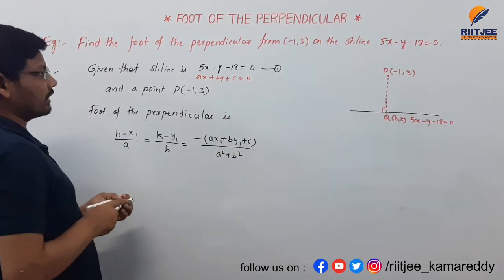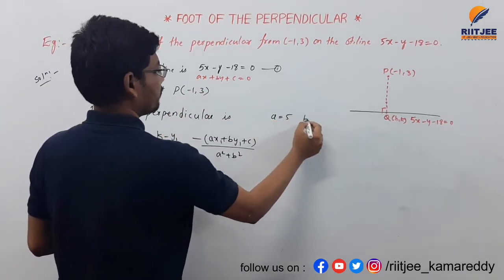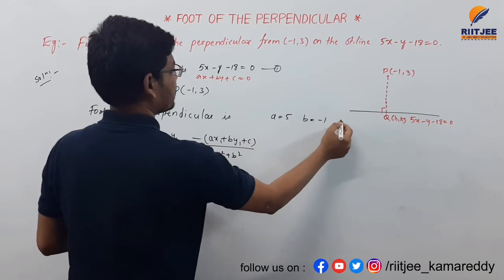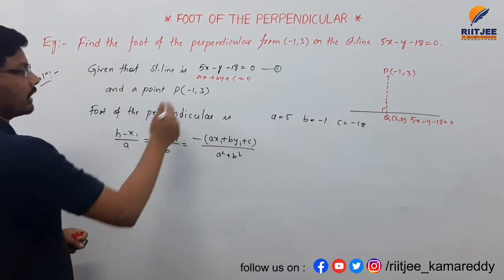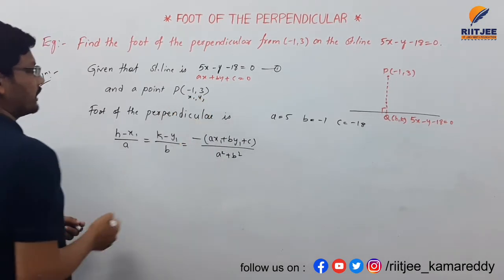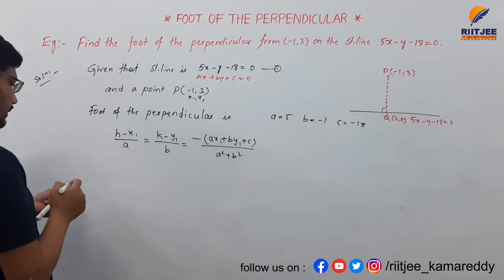So just compare this equation: a is equal to 5, b is equal to minus 1, c is equal to minus 18, and for P, this is x1, this is y1 here. So let's substitute the values of a, b, c and x1, y1 in this expression.